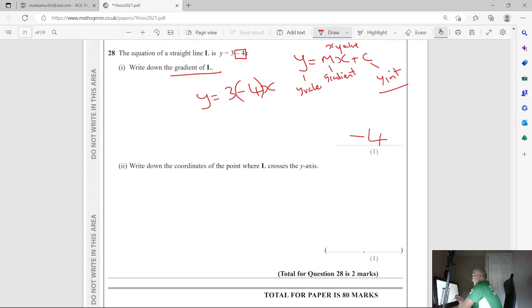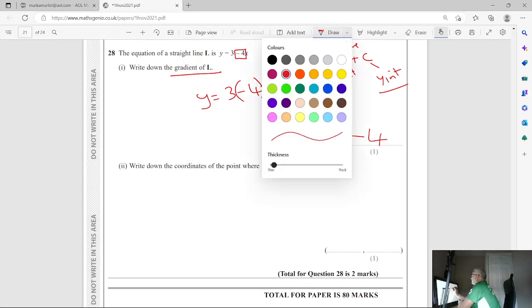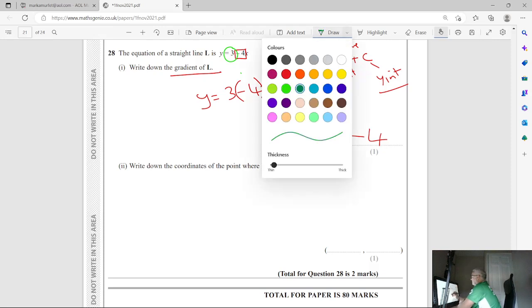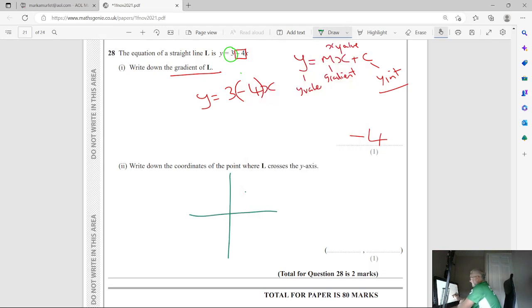Part 2, write down the coordinate where the y-axis is crossed by this line L. And again, if you've got the gradient already chosen, the other digit that you're looking for is the y-intercept. So my y-intercept, remember, here's my y, here's my x, okay?